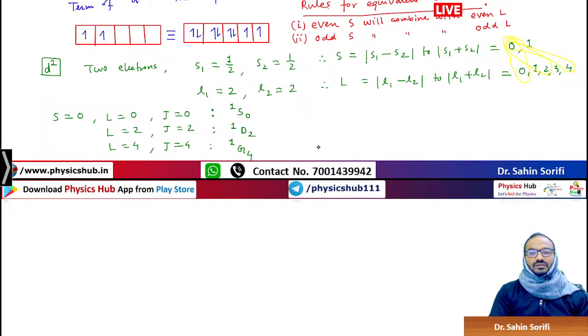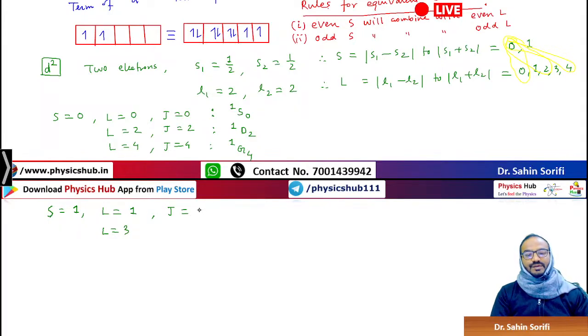Now odd S will combine with odd L. So S equal to 1 will combine with L equal to 1 and L equal to 3. These 3 combinations will be there. If S equal to 1 combines with L equal to 1, what will be the value of J?